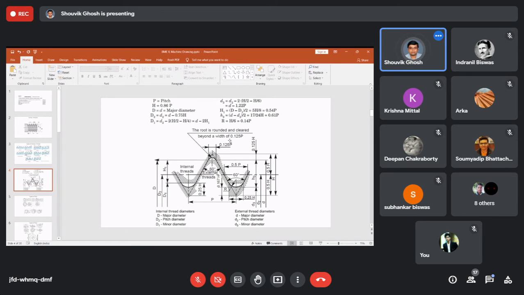Major diameter, as you can see over here, is given as capital D, small d. D2 is actually pitch diameter. For internal threads it is denoted by capital D, for external threads it is denoted by small d.